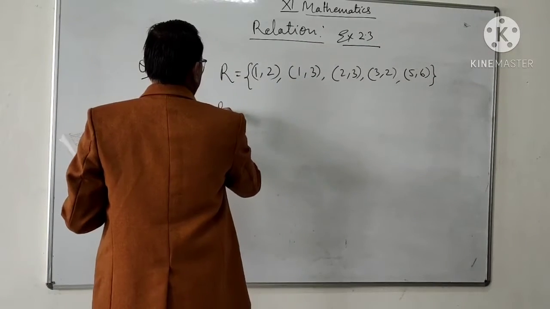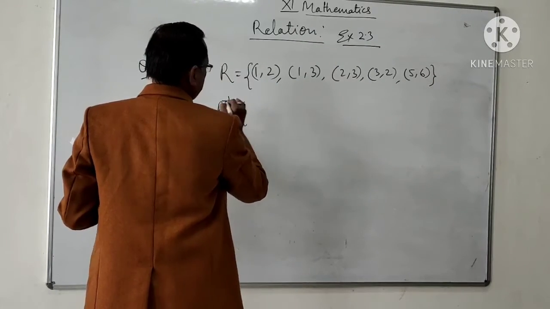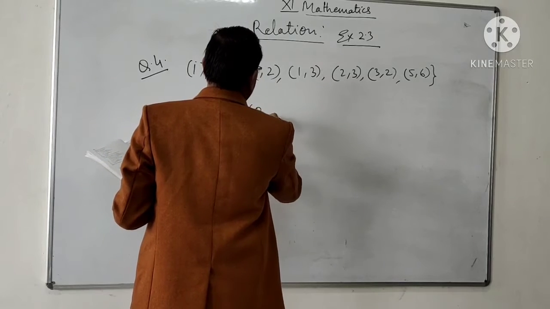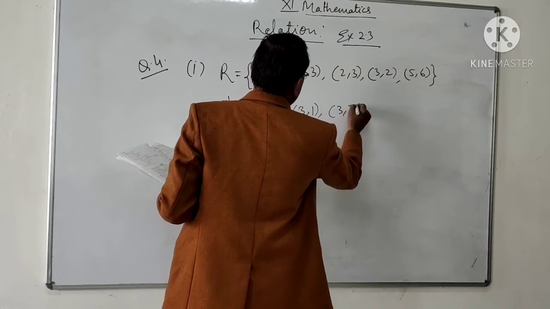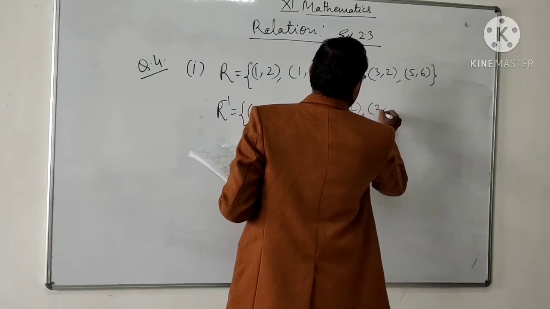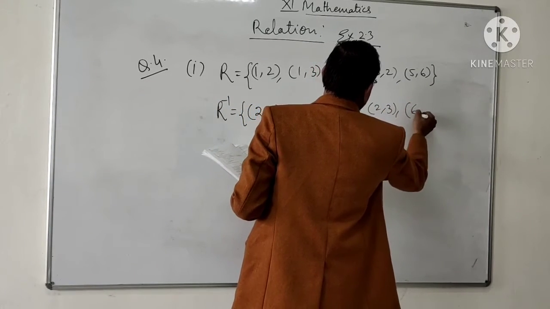Let us find R inverse. It is 2, 1, 3, 1, 3, 2, 2, 3 and 6, 5.